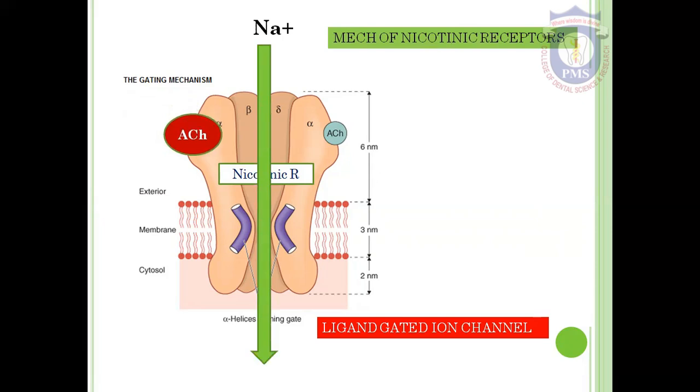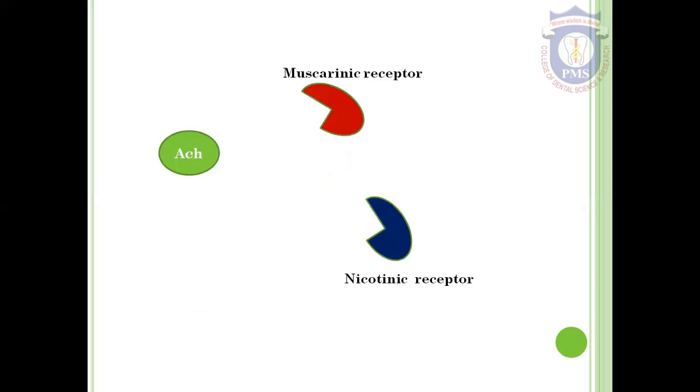Here it allows the influx of sodium ions, and there is increasing concentration of sodium ions in the neurons. They act on both receptors, muscarinic receptors and nicotinic receptors, and produce cholinergic effects.